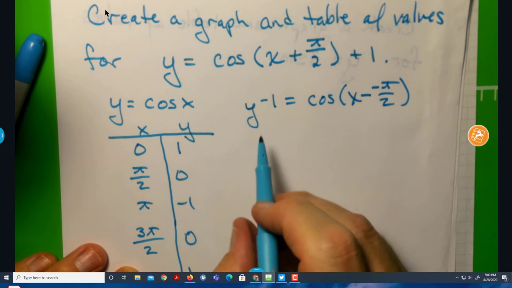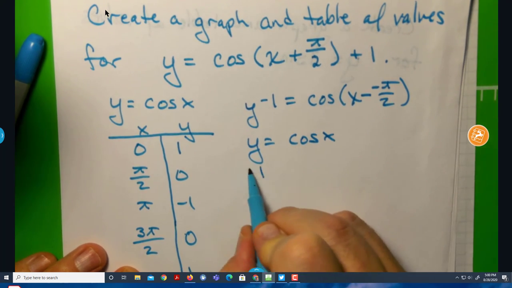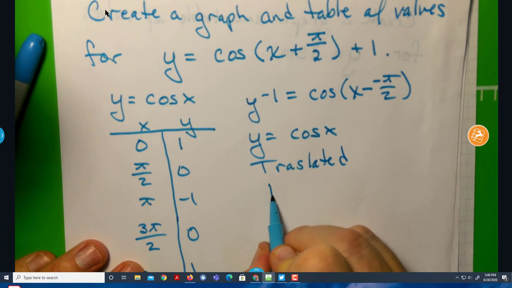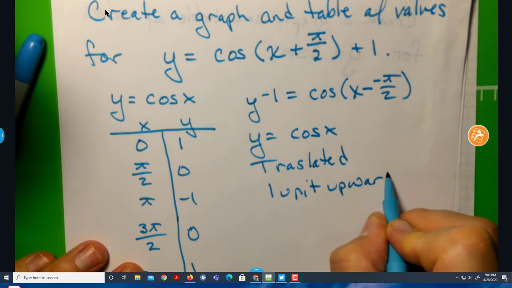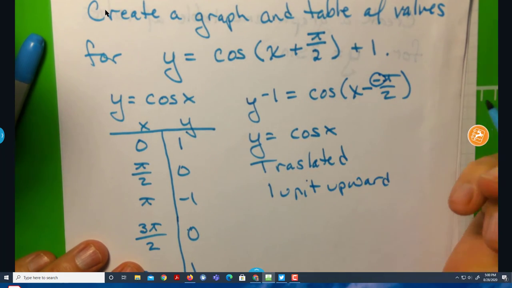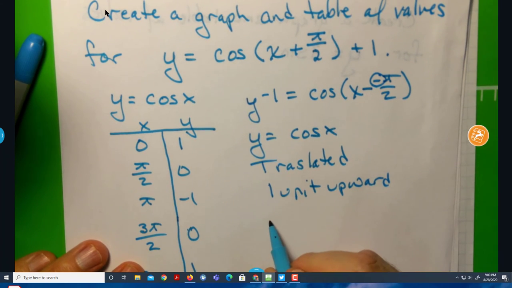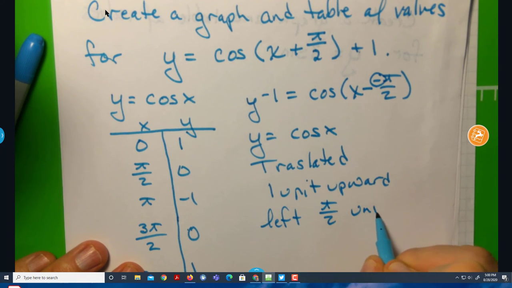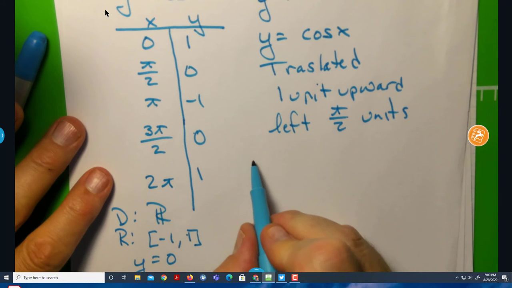So first of all, y equals the cosine of x is translated 1 unit upwards. A negative number, so if you're at 0, to go negative means left pi over 2 units.